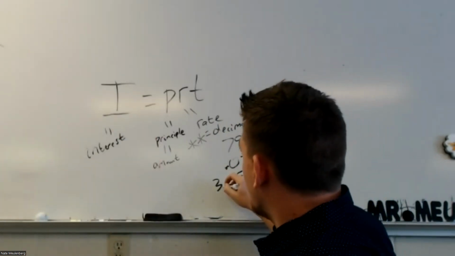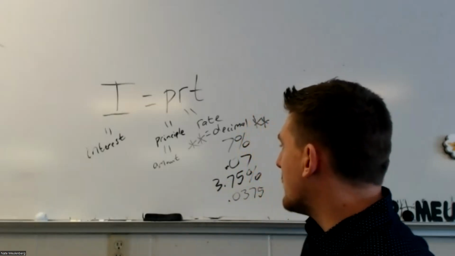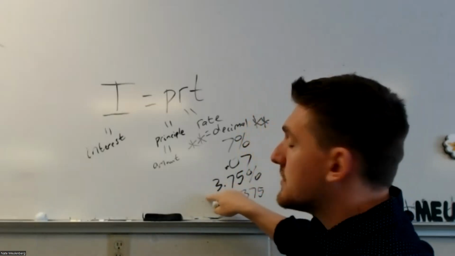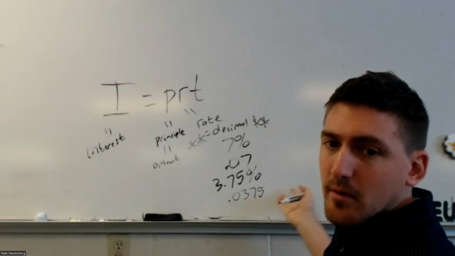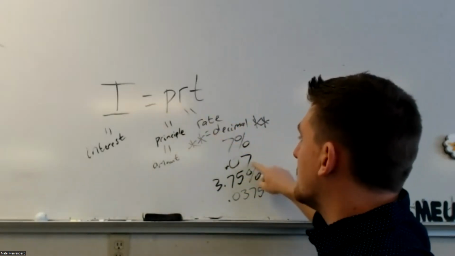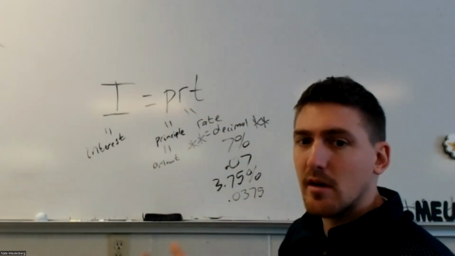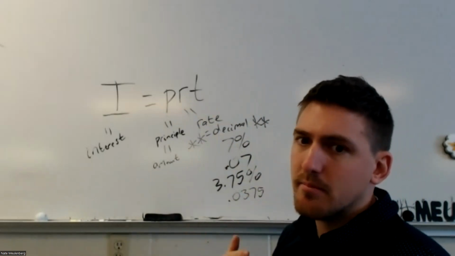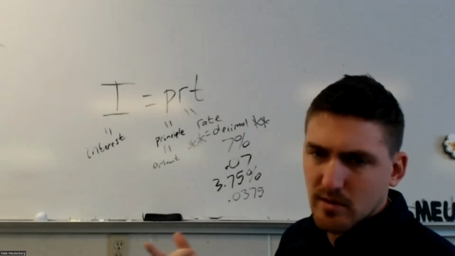Close. 0.0375. Yep. Whatever percent they give you, you move the decimal 2 places to the left, and then write that number as a decimal. So always express R as a decimal. Usually you're going to have to do some conversions. So if they say you're borrowing at 9%, that's 0.09.